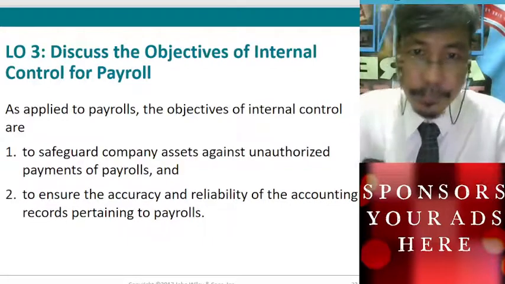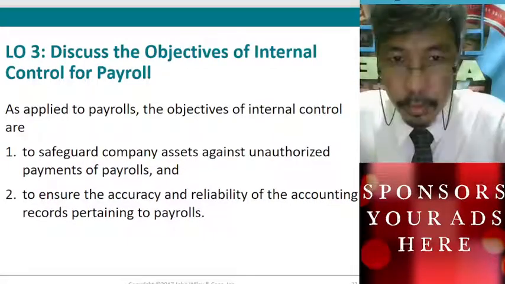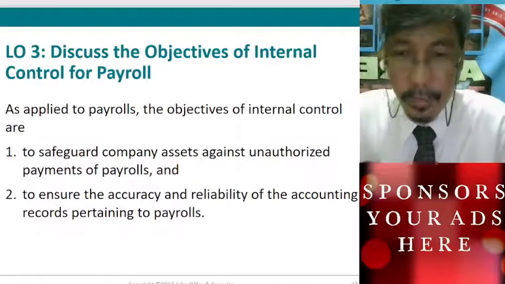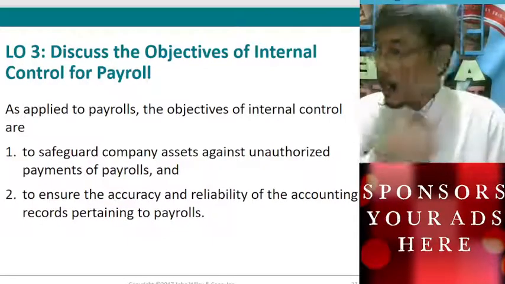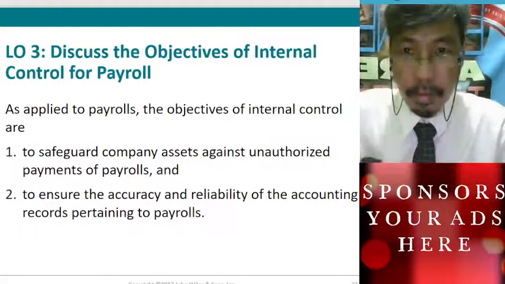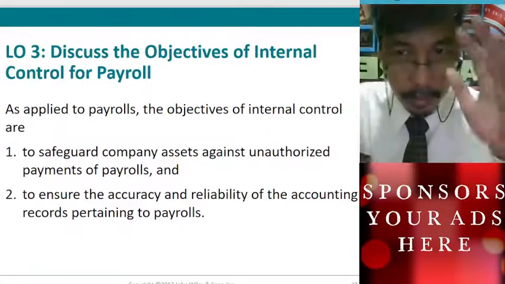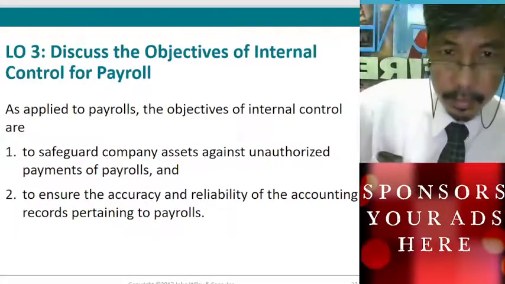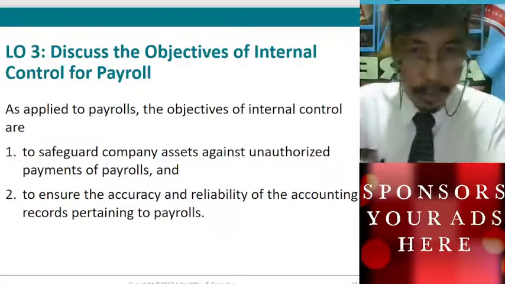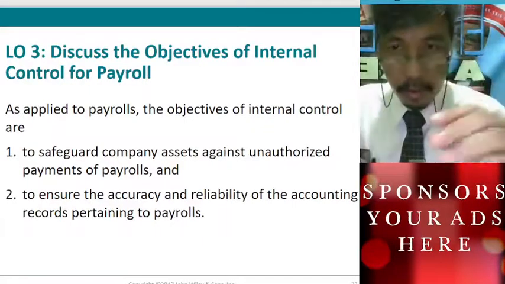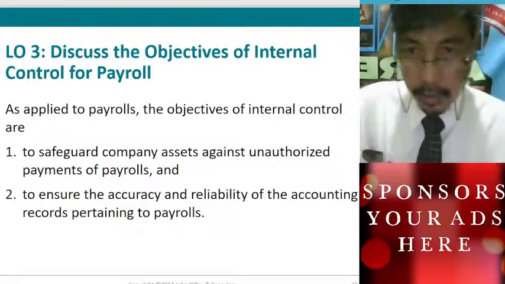And 2, to ensure the accuracy and reliability of the accounting records pertaining to payroll. Companies should have these internal control mechanisms. Who will check the safeguarding of number 1, and who will check number 2? Those are the job of a controller.